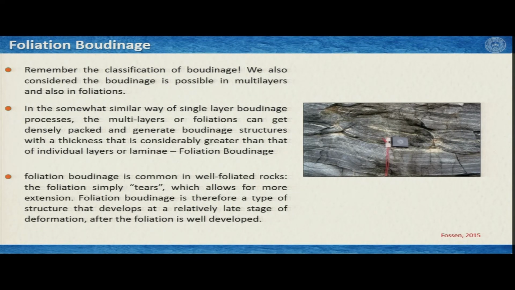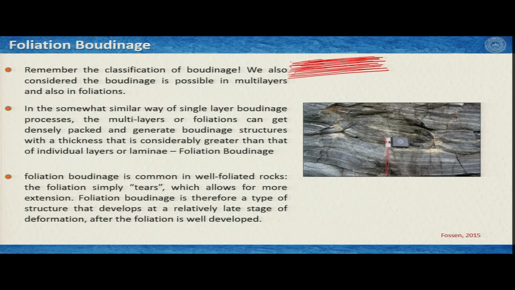So, for simple single layer boudinage processes, we understood that it requires a competence contrast between the boudinage layer and the layers outside. But when you have a foliation like this or multi-layers like this, there is apparently no competence contrast. It is almost a continuous layer with very high and strong anisotropy.